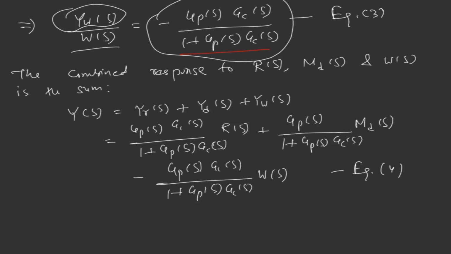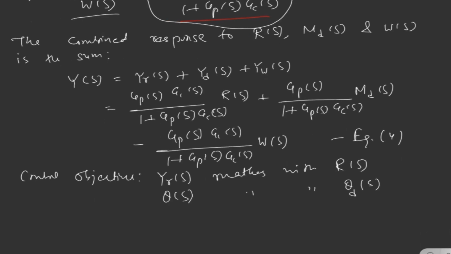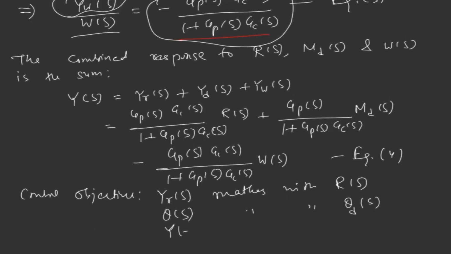Our main motivation, our control objective, is that Y_R(S) matches with R(S). Or we can say theta(S) should match theta desired, or y(t) should match y desired(t).